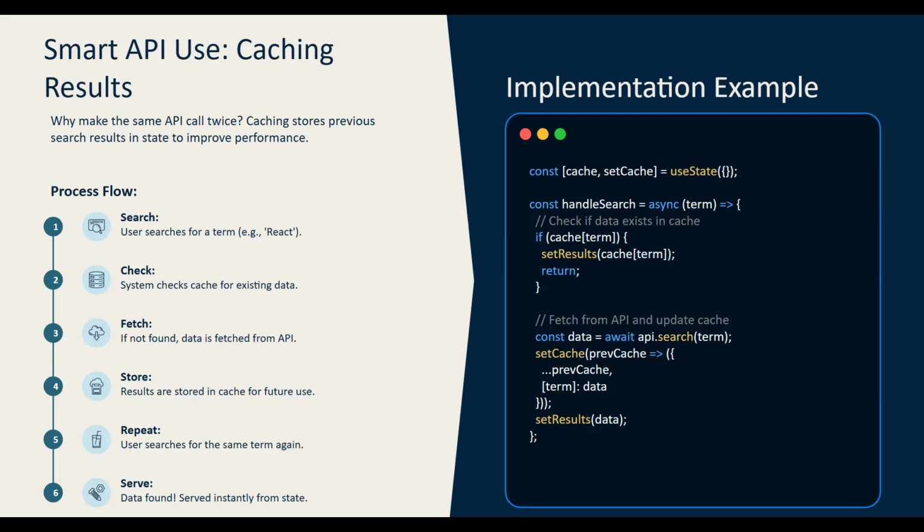Otherwise, it just awaits the API search, and then it updates the cache with that term as the key, and then it helps us set the result. So the benefit behind caching would be better performance, fewer network requests, and overall a faster experience for users, especially when people tend to repeat the same searches.